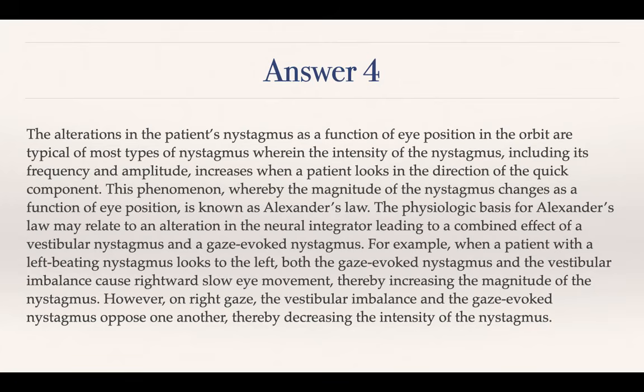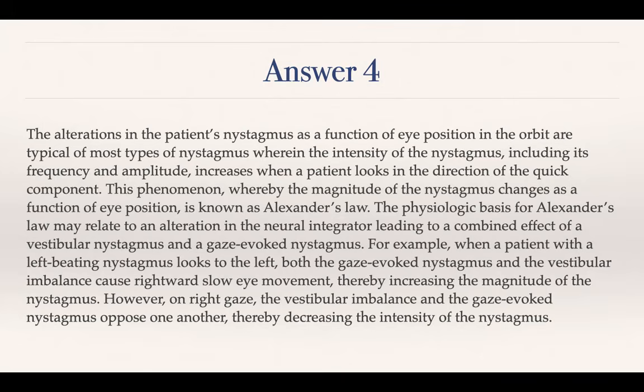Whereas the vestibular imbalance in this same individual has its slow phase to the right. So the slow phase of gaze-evoked nystagmus and the slow phase of vestibular nystagmus cancel against one another, and therefore the net resulting nystagmus that we see is going to be of low intensity. This is the explanation of Alexander's law.